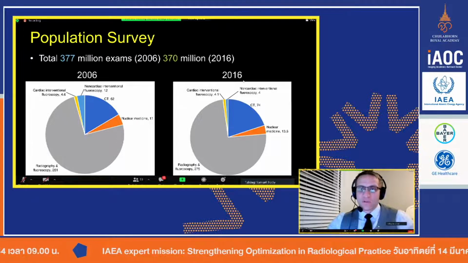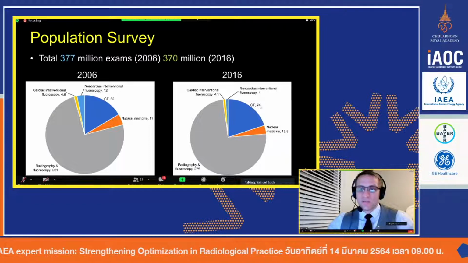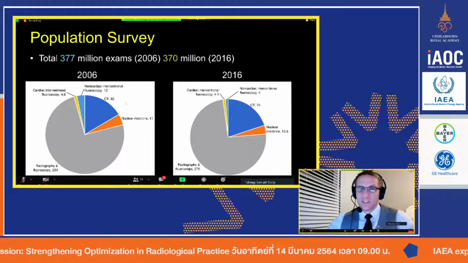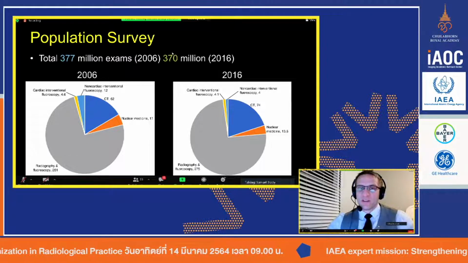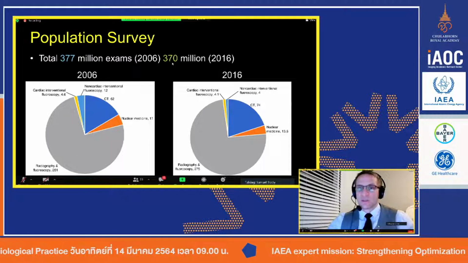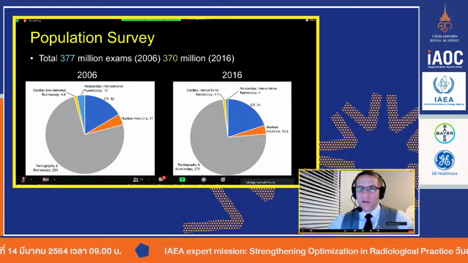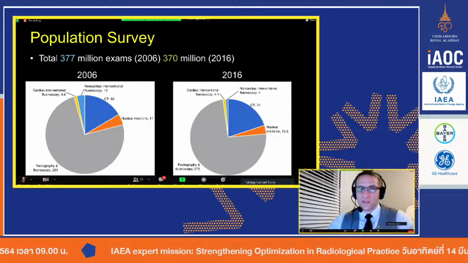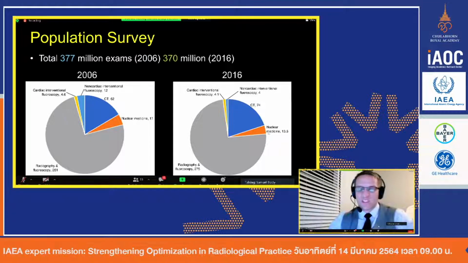Now fast forward 1 decade, and here you can see CT usage is up to 74 million, up from 62. The total amount of imaging actually decreased by 7 million. So CT went up, total went down, so therefore other areas like radiography, fluoroscopy, nuclear medicine have decreased.